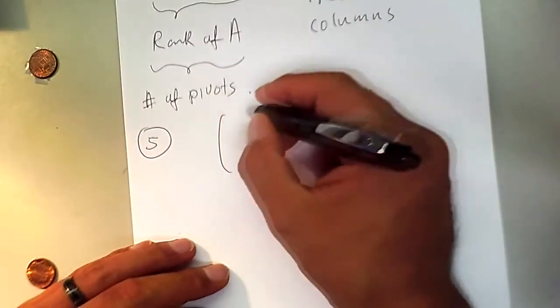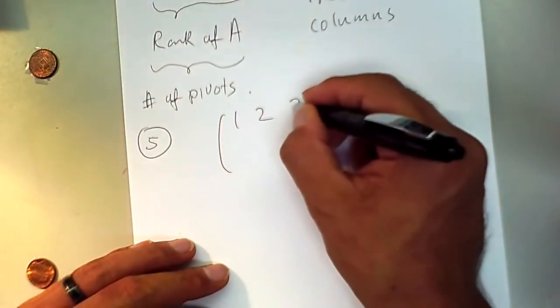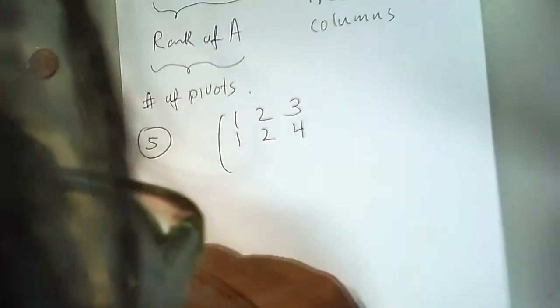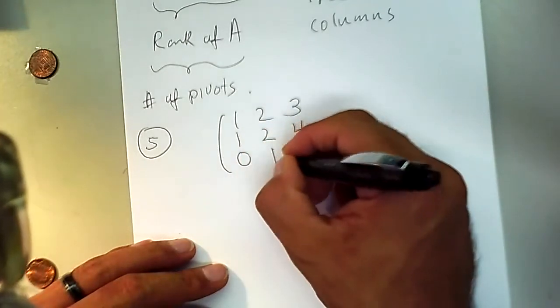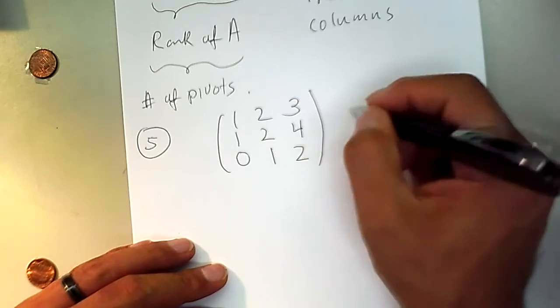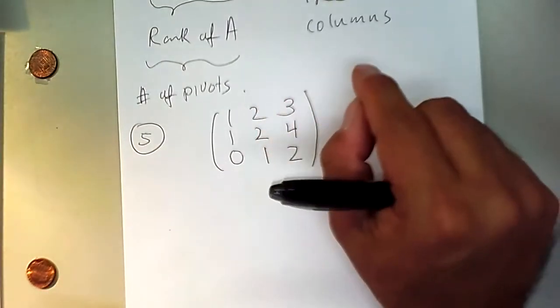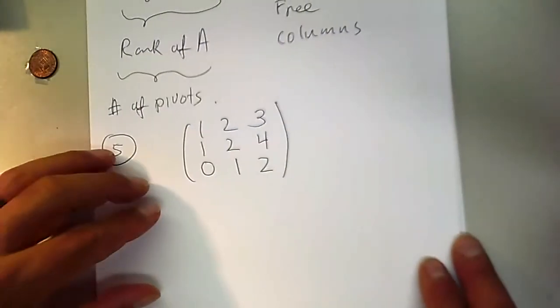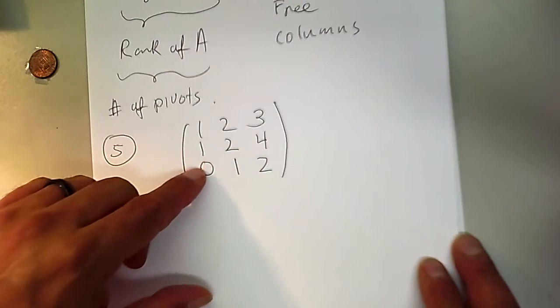Let's look at a matrix 1, 2, 3, 1, 2, 4, and then 0, 1, 2. And we want to find the null space of this matrix. So can we find it as is?